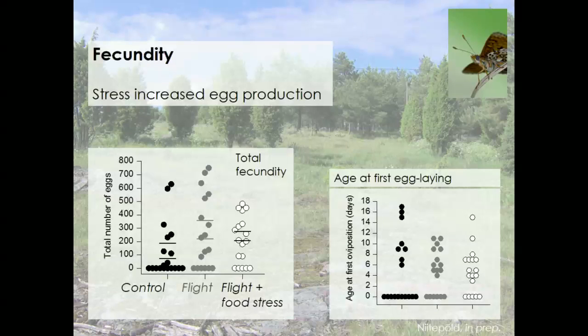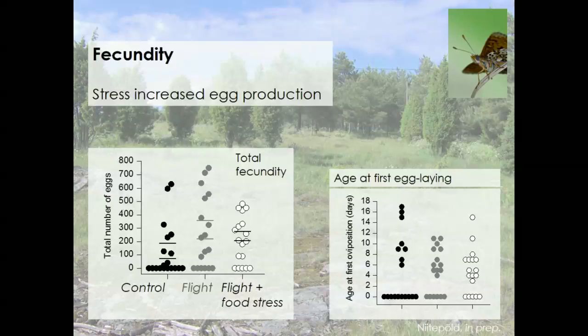So what we see is, interestingly, stress, in this case, flight stress or flight with the added food stress, caused individuals to lay more eggs than in the control. Note that there were quite a few individuals that did not lay any eggs, and that number is higher in the control treatment.